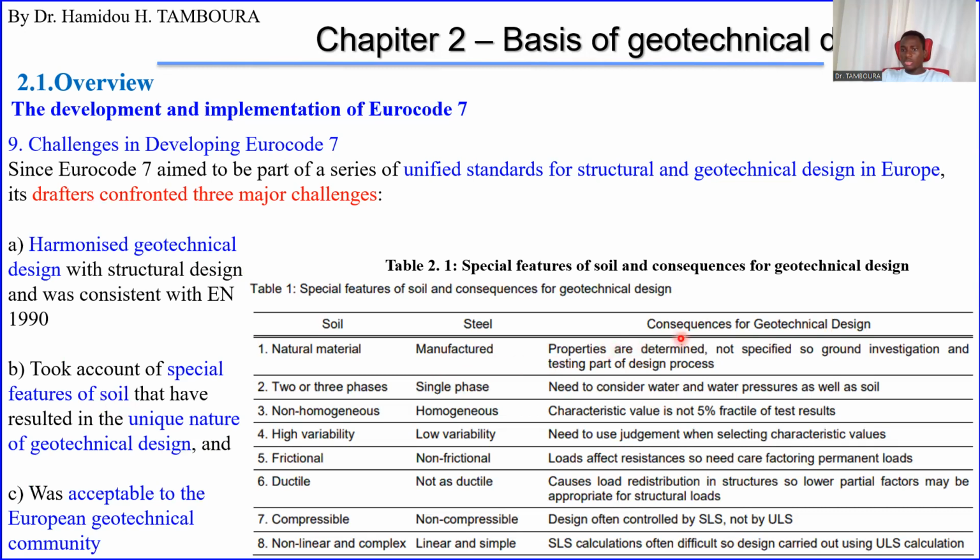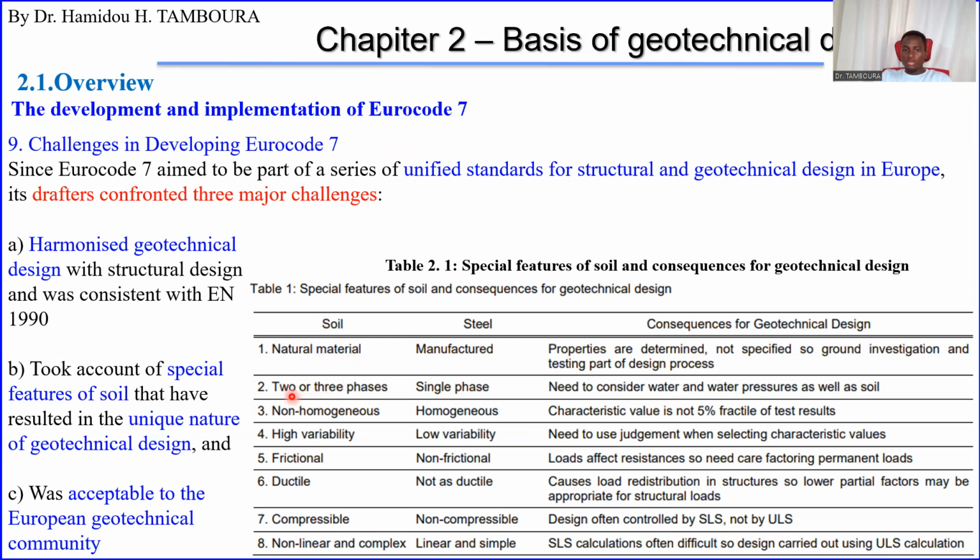As a consequence, for geotechnical design, the properties of soil are determined, not specified. So ground investigation and testing are part of the design process. We don't specify the soil parameters. We have to determine them.